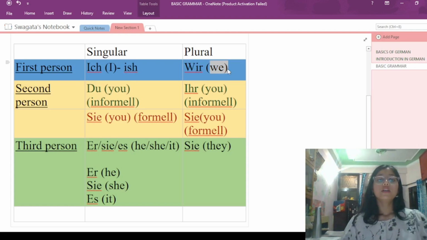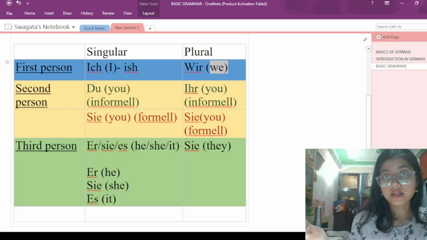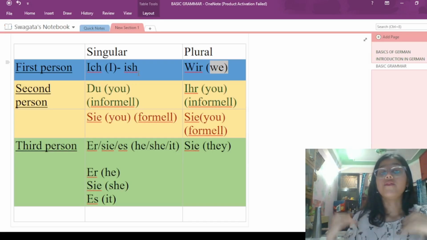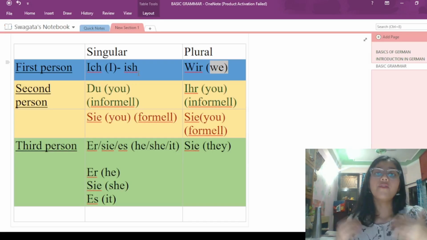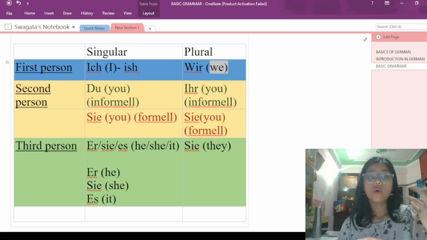If I have to say I am in the park, ich bin im Park. If I have to say we are in the park, then wir sind im Park. This bin and sind, these are verbs. We will learn that later. Right now we have to concentrate on the subject.